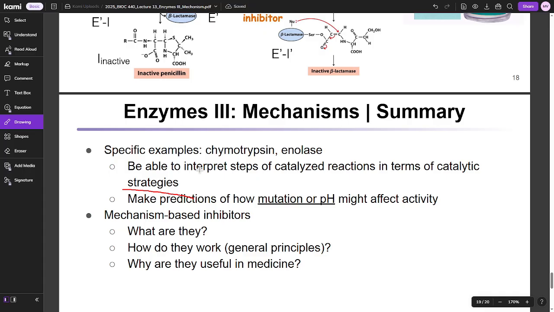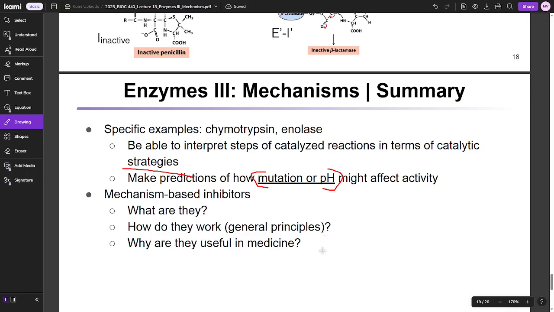If I need an aspartate to be a proton donor, maybe if I increase the pH too much, it just will be deprotonated automatically and it won't be able to do that job anymore. So change the pH, change the enzyme, mutate it, see how that affects the enzyme. Think about what that does. Make up an enzyme. Think about what that would do.